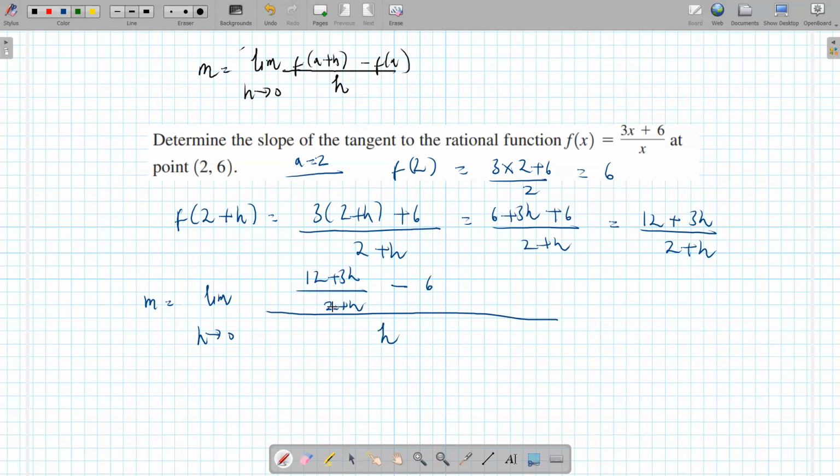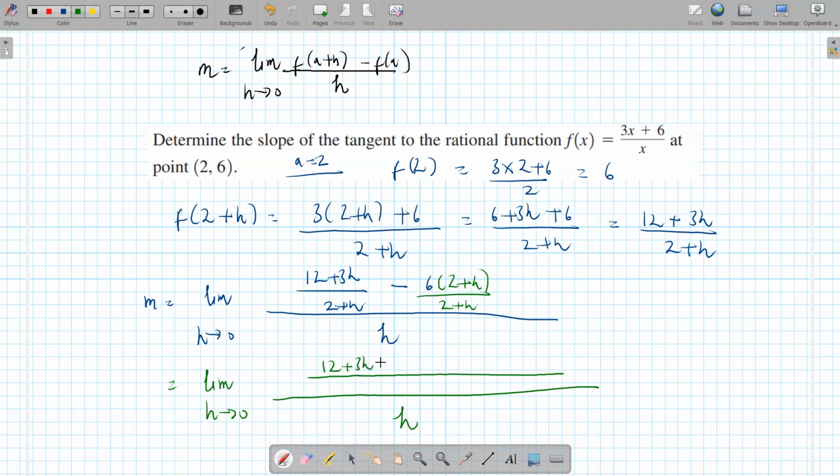So here what we're going to do is we're trying to do this first because it's in the numerator. What's the LCD? What's the common denominator? 2 plus h. So you want to multiply this guy with 2 plus h on the top and on the bottom, like that. Now they have the same denominators, you can combine them. So you get 12 plus 3h. Now look at this.